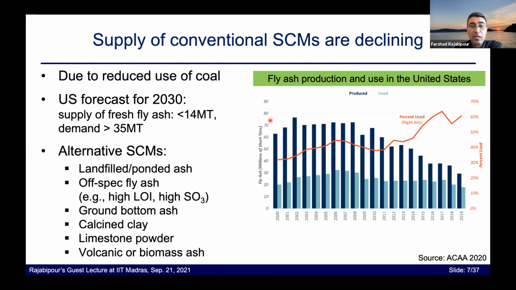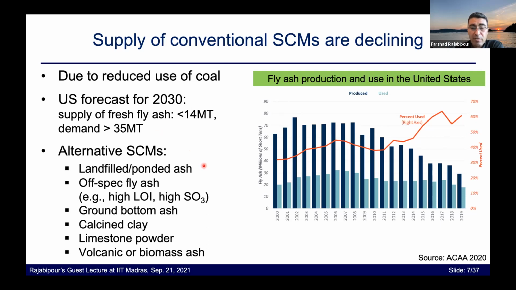And there is a forecast that by the end of this decade, the supply of freshly produced fly ash is not going to be even half of the demand by the concrete industry. So 14 million ton supply versus 35 million ton demand. This kind of supply-demand gap requires discovery and utilization of alternative SCMs.